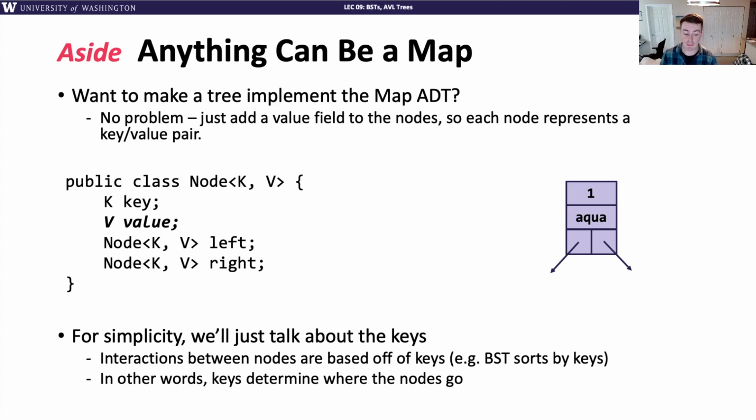Usually what we'll do is add a value field to our node, but we only care about the key for all properties of searching, ordering, etc. When we're thinking about how to order this tree, we're going to order it by the keys. We're basically going to ignore the values for all purposes other than, you called get here and we found the node with the right key, now it's time to return that value. For all other parts, the value part of the map is not going to be important. There's going to be extra data floating around. Keys are the important thing in this context.